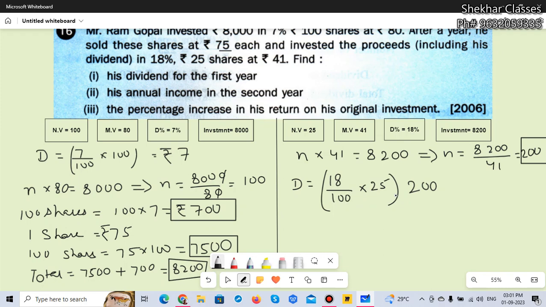We can calculate that: basically 18 into 25 into 200. This will go 2 times, and then you have to multiply 25 into 2, which is 100. So it's basically 18 into 25 into 2. That gives you 900 exactly. So total dividend that he has received is 900 rupees. Fine. This is the dividend that he has.